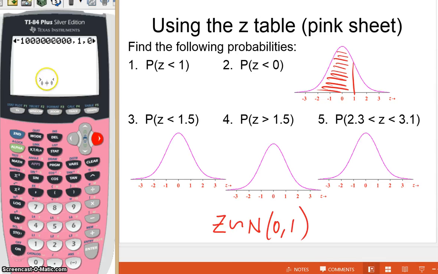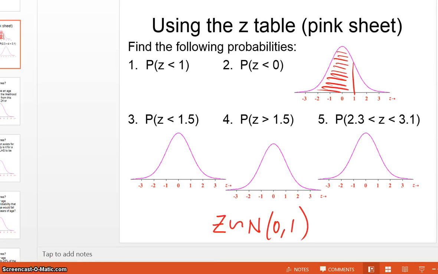So lower bound, comma, upper bound, comma, mean, comma, standard deviation. If you can't find it, the comma is above the number 7. So if you don't have the latest operating system, you are entering normal CDF, lower bound, upper bound, mean, standard deviation, and that will calculate the area for you.